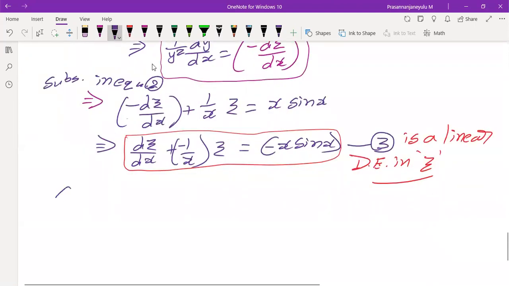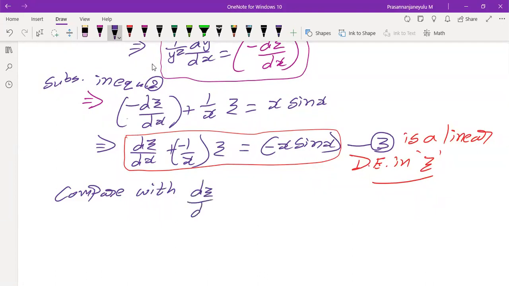Compare equation 3, which we wrote immediately, with dz by dx plus p of x into z equals to q of x. Okay, so check whether it is in that form only.